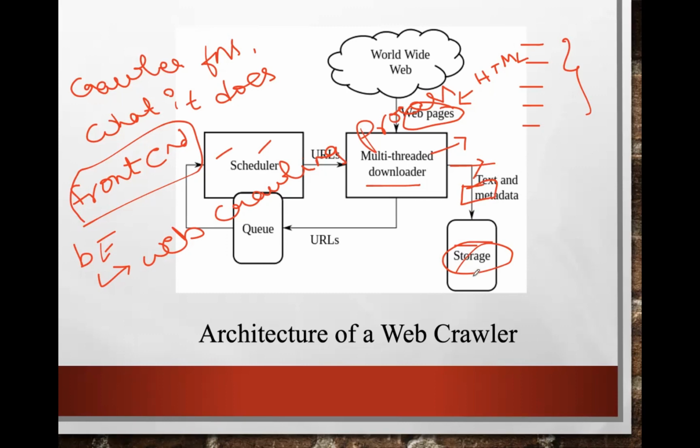The storage system keeps track of all the information that has been extracted by the parser, and it organizes it in a way that is easily accessible and searchable. This can be considered as a database or a file system.